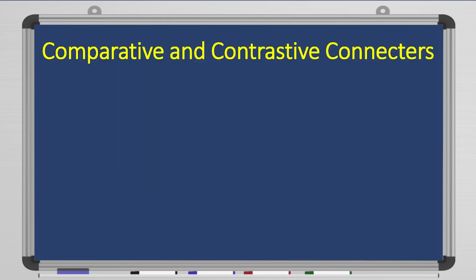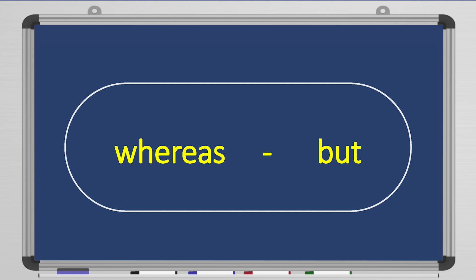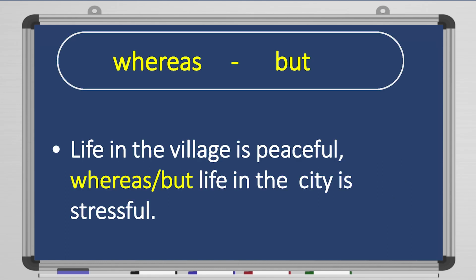Now, some examples of comparative and contrastive connectors are here on the screen for you. We're going to take them one by one. Let's start with whereas and but. When we use whereas and but, usually we give one thing, and then we show how it's different. For example, life in the village is peaceful. So I'm showing it's peaceful.